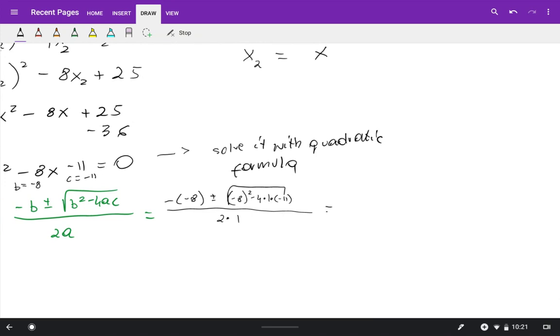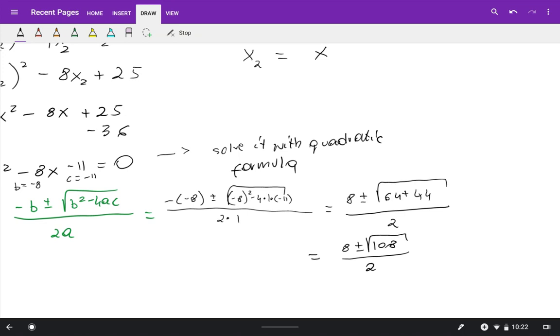So from the quadratic formula, we have 8 plus minus the square root of 64 plus 44, divided by 2. And that will give us 8 plus minus, 64 plus 44, we're getting 108, divided by 2. I'm sorry, the square root of 108. And the square root of 108 is irrational. So let's see if we can simplify that.